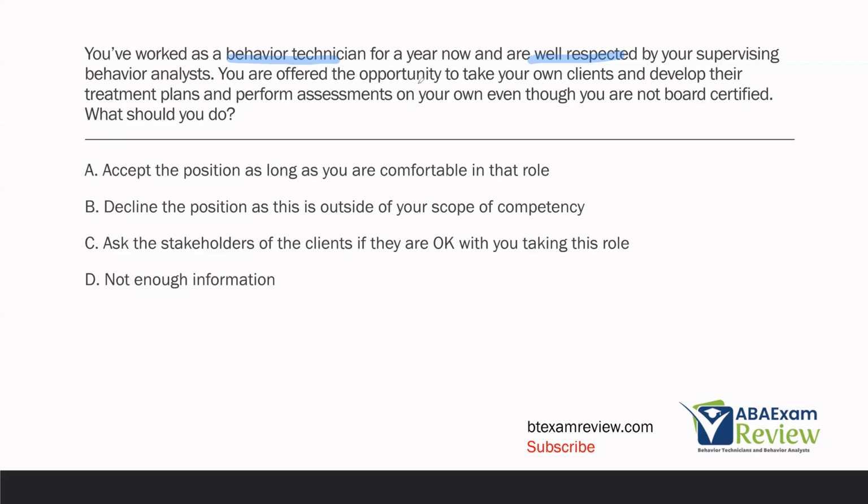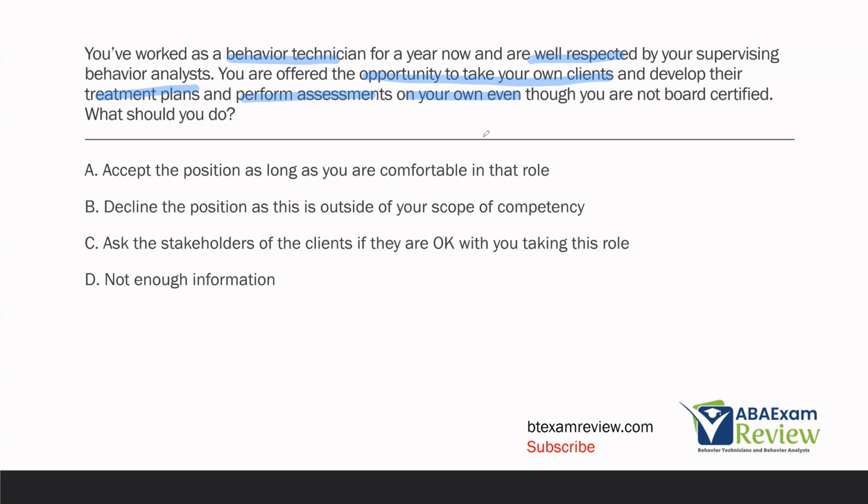So if you're a technician and you're given the opportunity to get your own clients, develop treatment plans, and perform assessments on your own, this is not something you should be doing. No matter how trusted you are, how responsible you are, by the letter of the law, you're not board certified. You should not be engaging in these responsibilities.